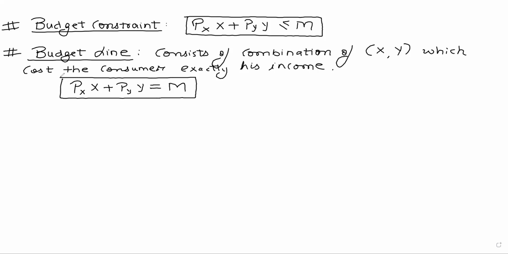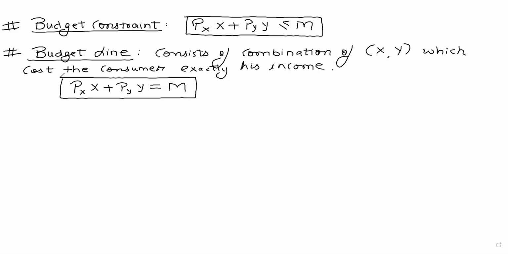So remember, you should understand the difference between a budget constraint and a budget line. A budget constraint is going to give you combinations of good X and good Y which cost you either less than or equal to your income. Whereas a budget line will give you combinations of good X and good Y which will cost you exactly your income.